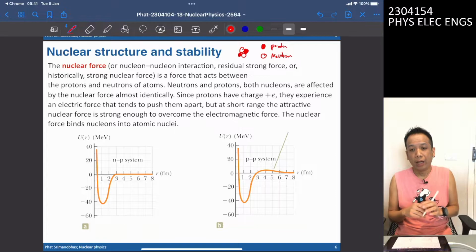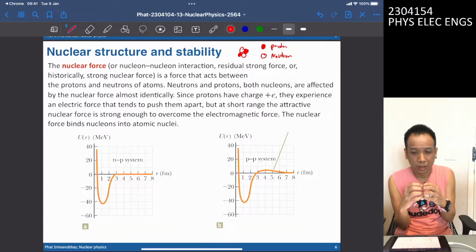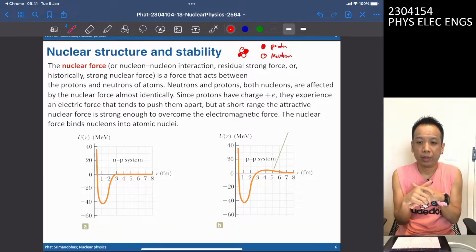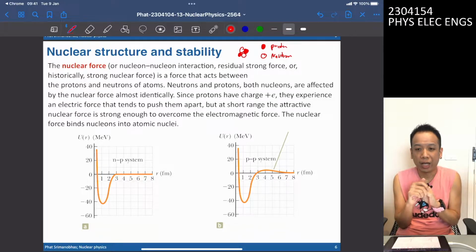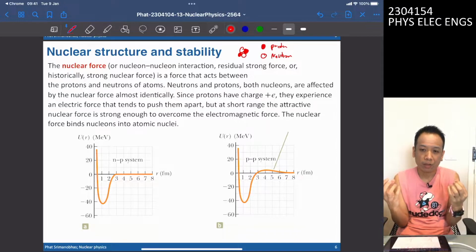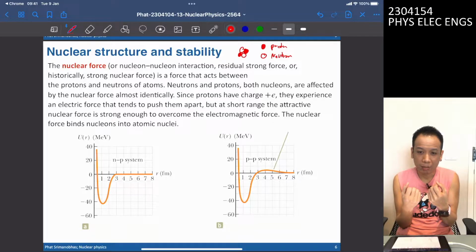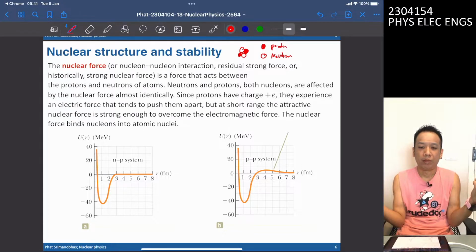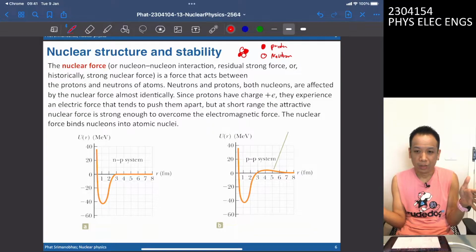If you try to group neutrons and protons together, it cannot be explained by the electromagnetic force. Charges of the same sign cannot go close to each other because of the repulsive force that makes them move away, while different charges attract and push close together.